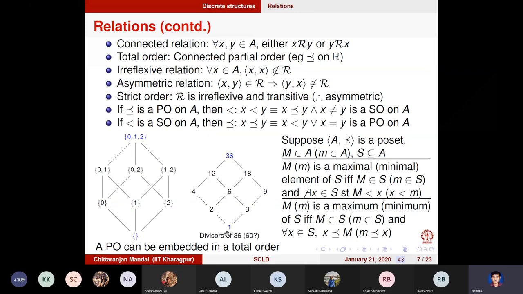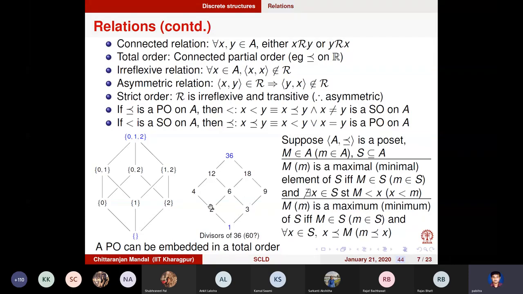Let's look at a subset of the poset: 12, 18, 6, 2, and 3. Let's denote it as the subset S. An element M belonging to S would be called a maximal element if there is no element in this subset which is greater than it. Is 6 a maximal element?